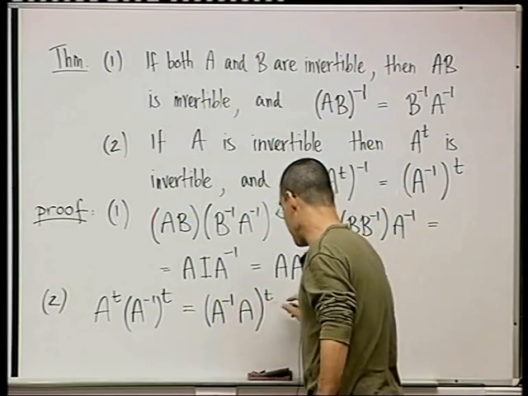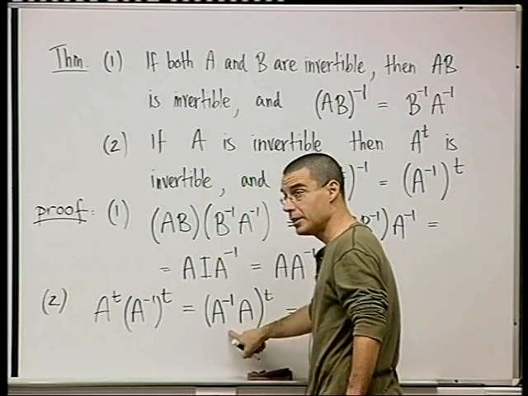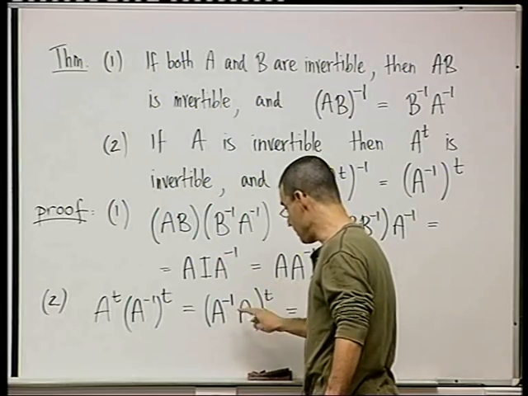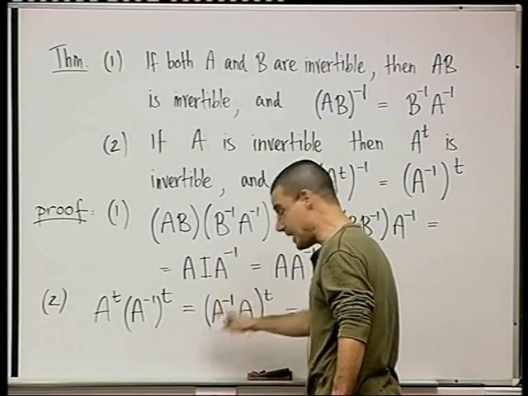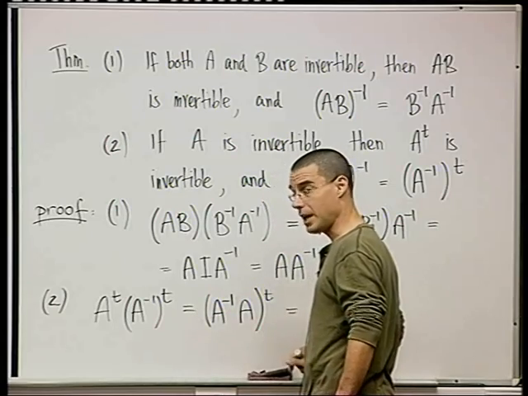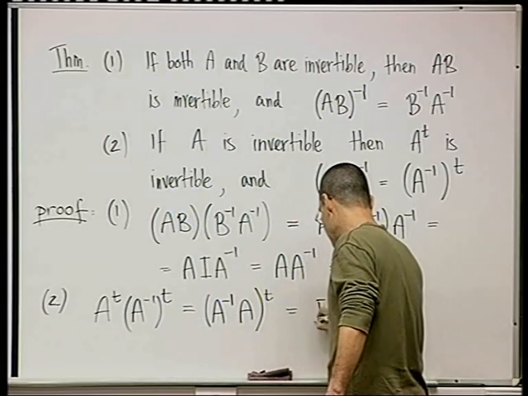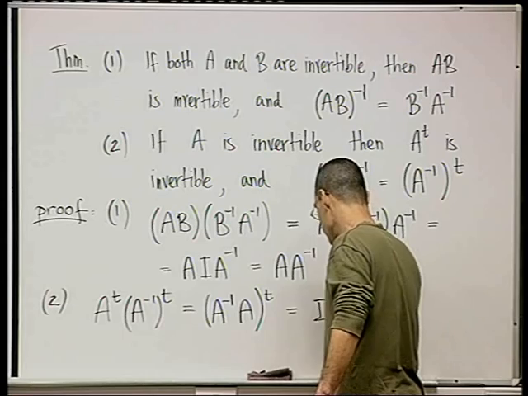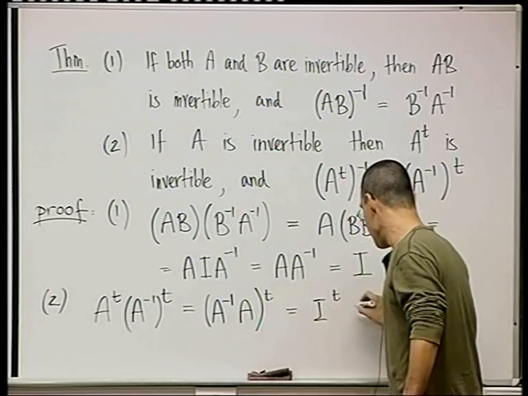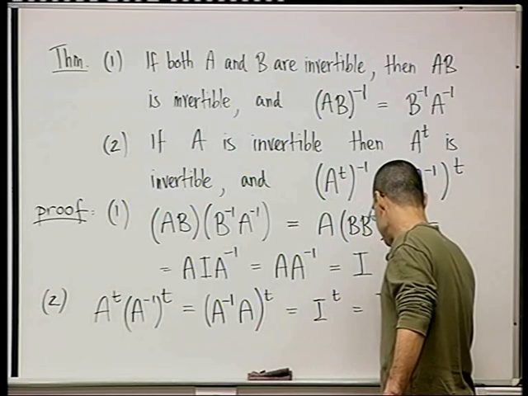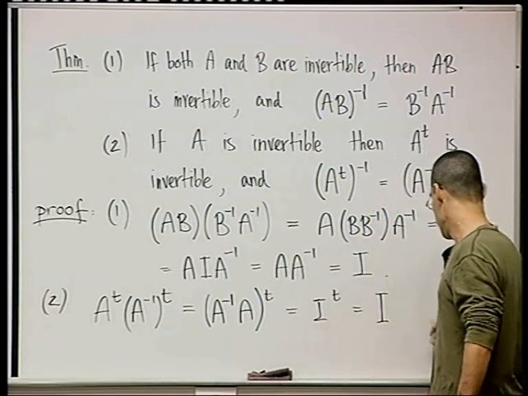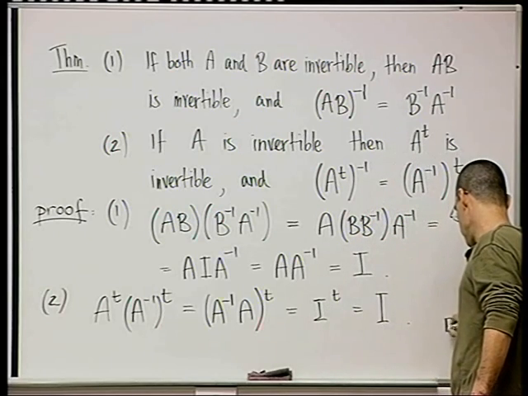And now A inverse times A is I, because we made a remark earlier that if A A inverse is I, then so is A inverse A. Therefore, this is I transpose. And the transpose of the identity matrix is itself. So this completes the proof of both parts.